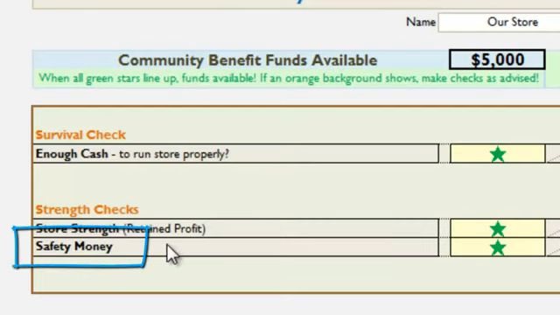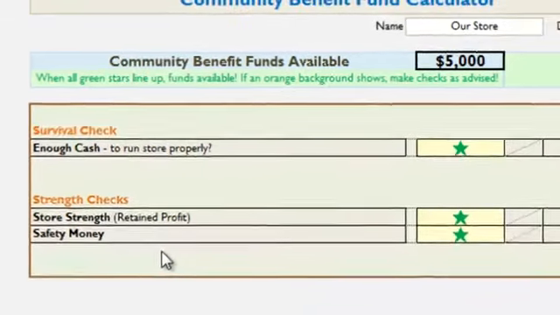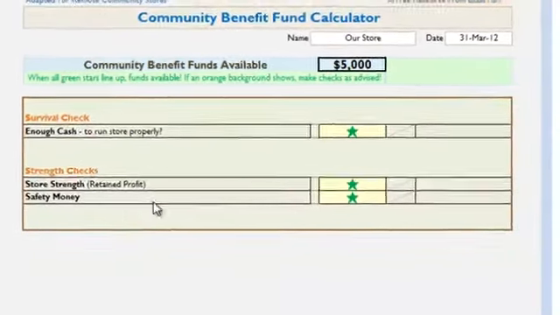Safety money is also a strength check, and that is money that would normally be given out as community benefits as cash, but is actually held by the choice of the owners in the business, so that allows for extra risk management and learning how to build the business and manage risk.